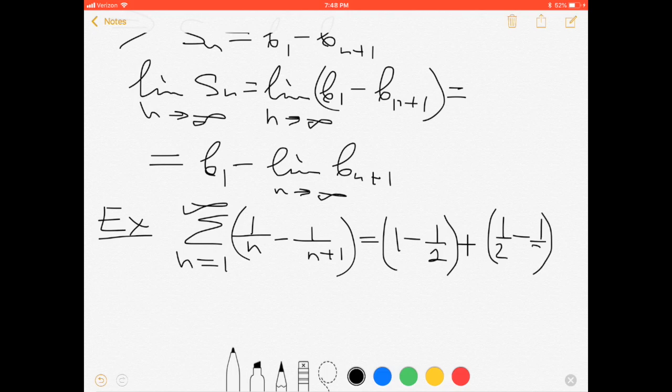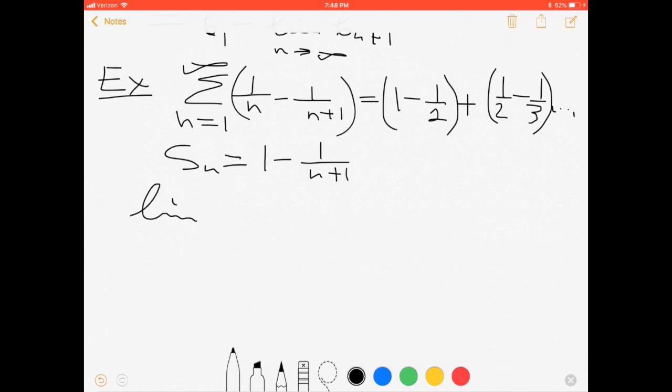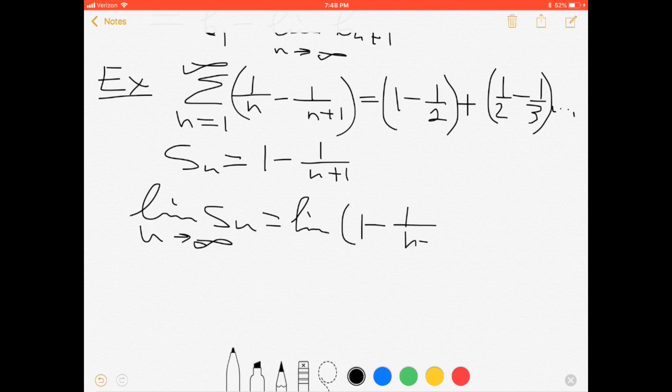And then you continue, you have something similar. This means our Sn is 1 minus 1 over n plus 1. If you take the limit of Sn as n approaches infinity, it will be the limit of 1 minus 1 over n plus 1, and this limit is equal 1. This means our telescopic series converges and the sum equals 1.